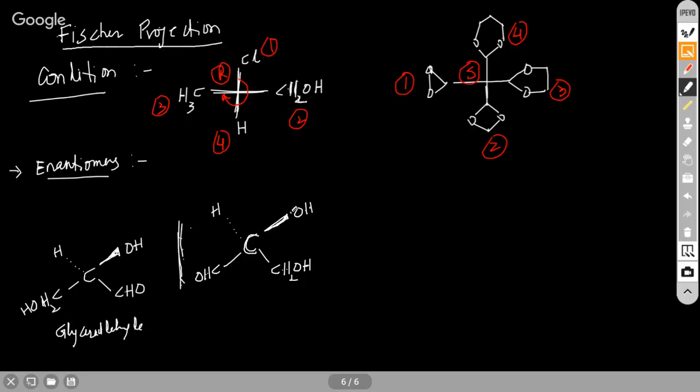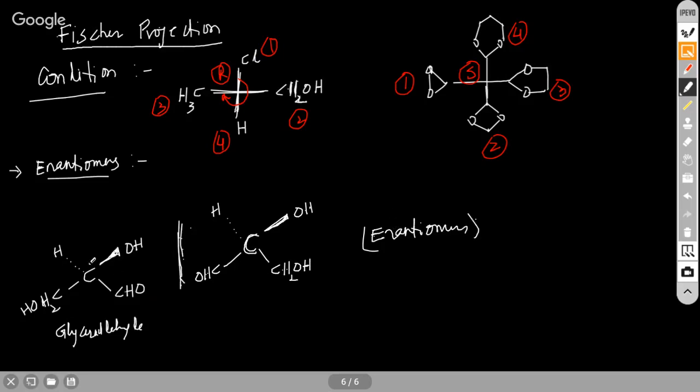The OH will coincide, H will coincide, but this CH2OH will be placed on CHO, and this CHO will be placed on CH2OH. Then you find OH and H will coincide, but CH2OH and CHO will not coincide here. That's why these molecules are non-superimposable, right? And they are non-superimposable mirror images, hence they are enantiomers of each other. Got it?